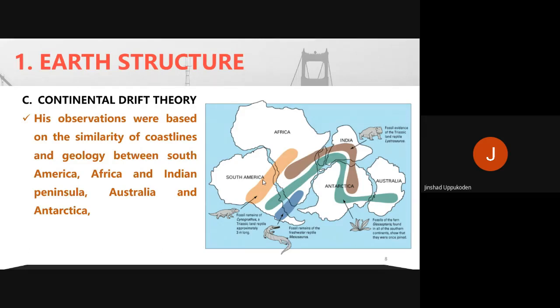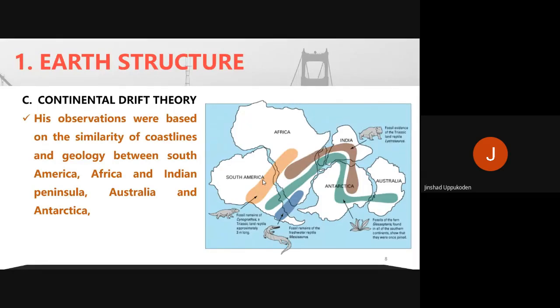Similarly, between India and Australia, similar fossils have been observed. Based on these studies, he said that the entire thing was one mass which then broke into different pieces.